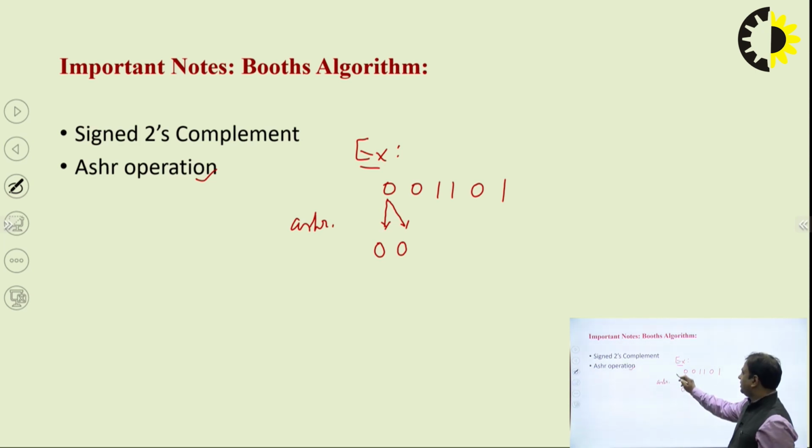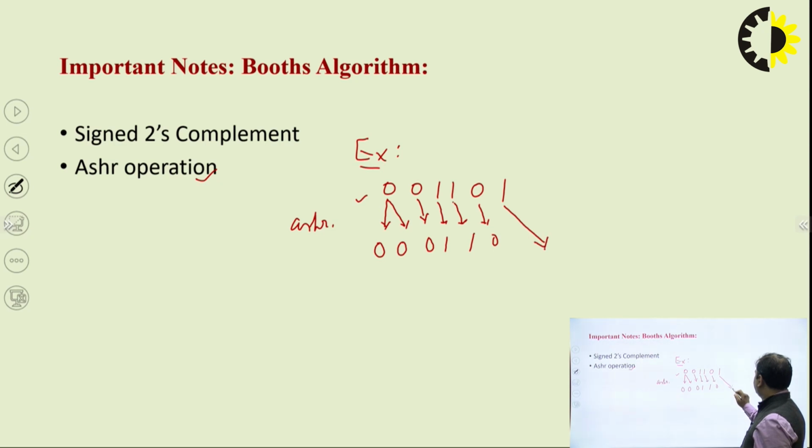So the 0 is at the same position as well as shifted to the next position, and after that this 0 will be shifted to this one, this 1 will be shifted to this 0, and this 0 will be shifted to this 0, and this last 1 will be discarded.